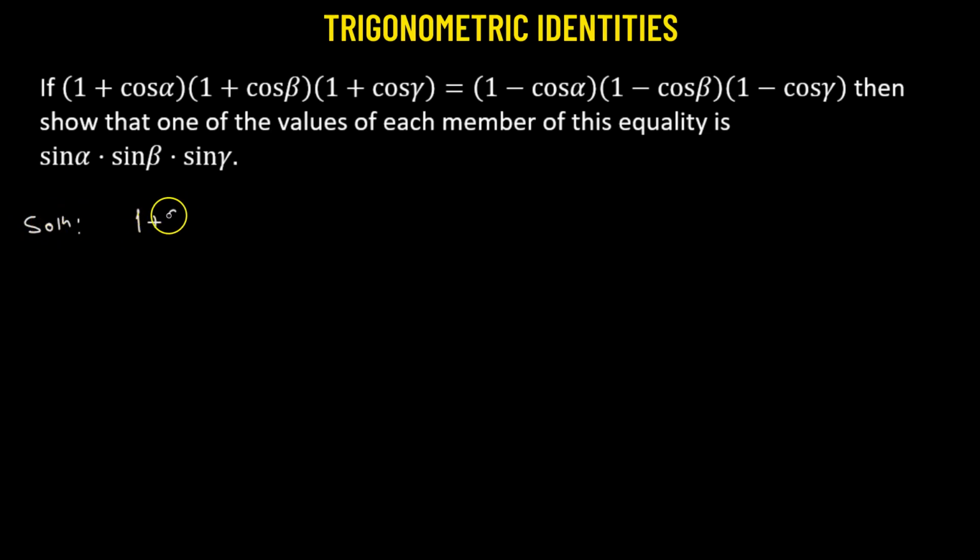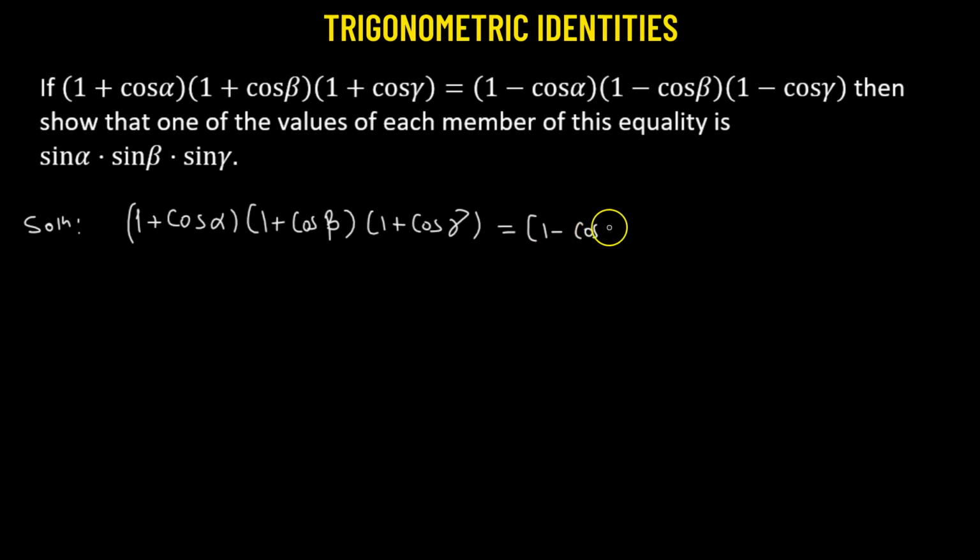We'll start with whatever we've been provided with. Here we have 1 plus cosine alpha multiplied by 1 plus cosine beta times 1 plus cosine gamma, which is given to be equal to 1 minus cosine alpha times 1 minus cosine beta times 1 minus cosine gamma.